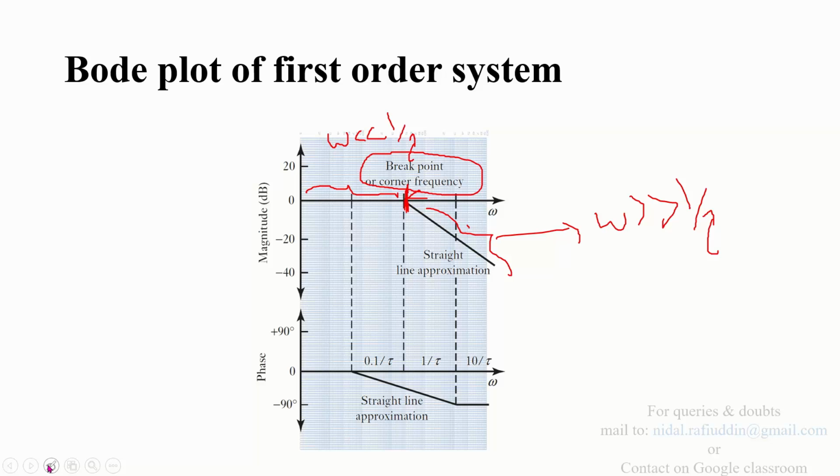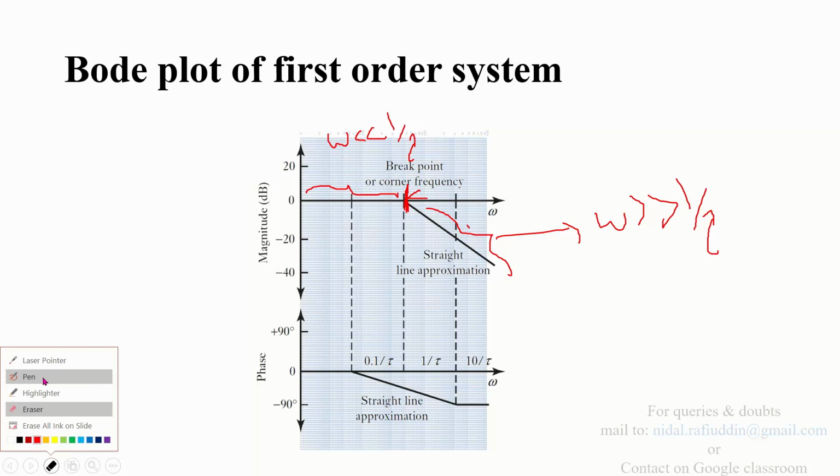Now, the reason that we say it to be an approximation is that if you try to obtain the actual curve, so you say that for omega much less than 1 upon tau, the line is having a slope of 0 dB per decade.